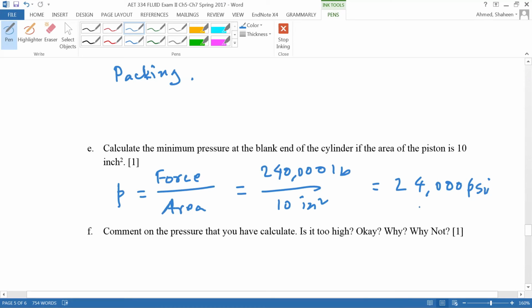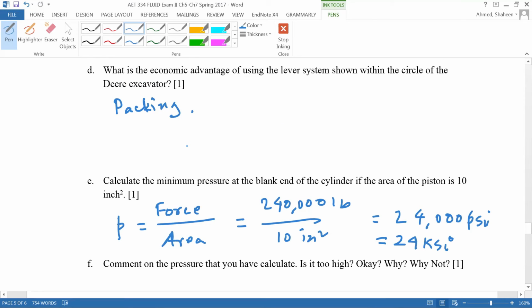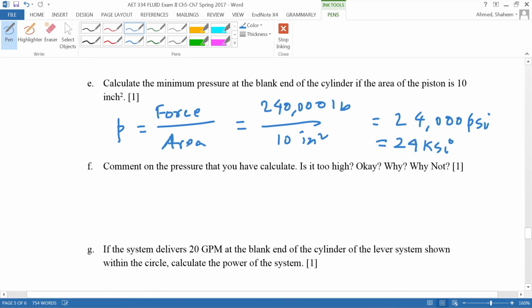Some materials even go to yield at this 24 ksi. So it's quite a high pressure. So it could be, for the economic advantage question here, a second class lever would be advantageous, but because of the packaging, it's not possible to use that. Comment on the pressure: huge pressure.